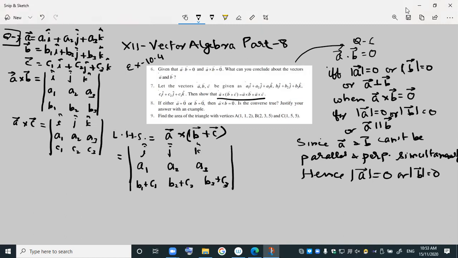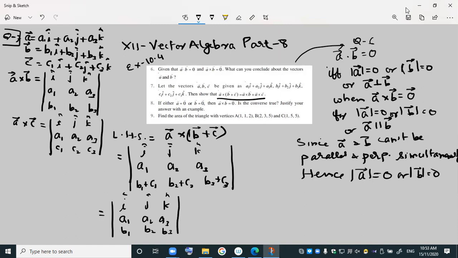And by the property of determinant, this determinant can be split into two determinants. First determinant we can write as i, j, k, A1, A2, A3, and the first element of the third row, B1, B2 and B3.